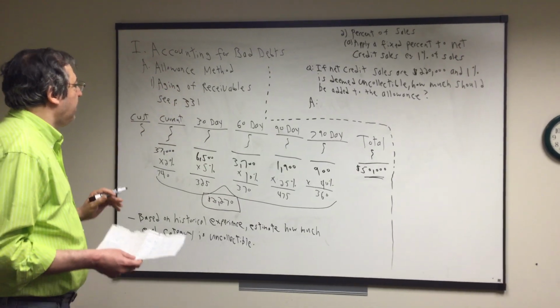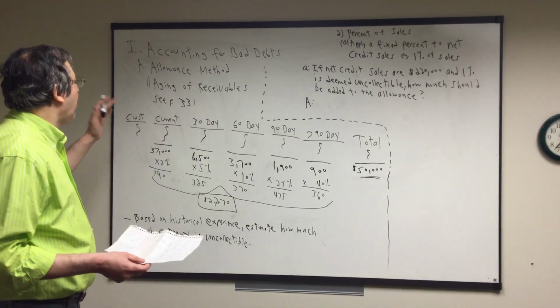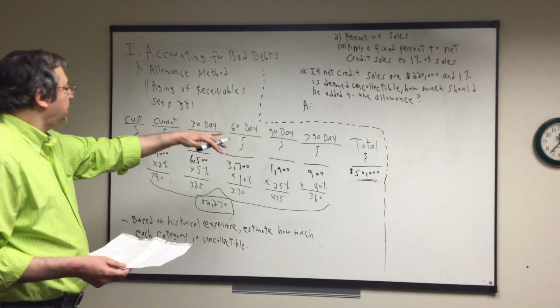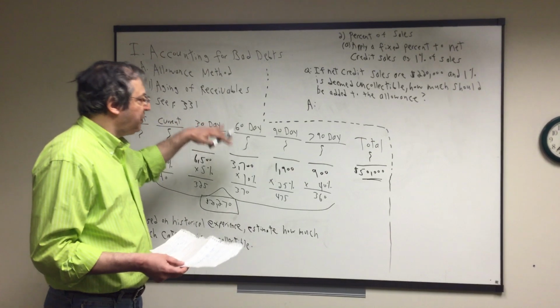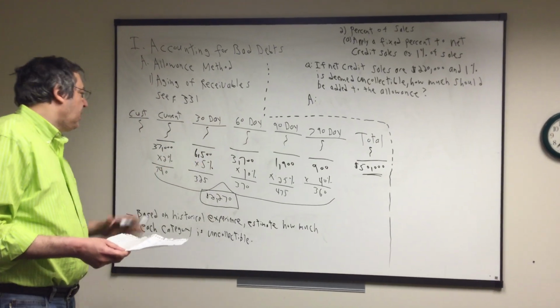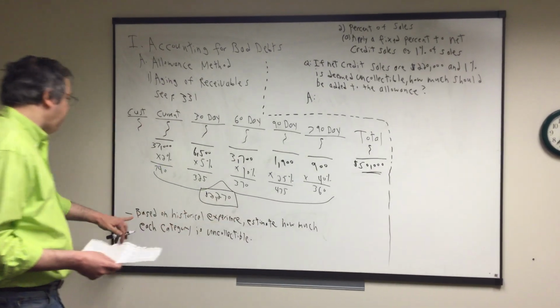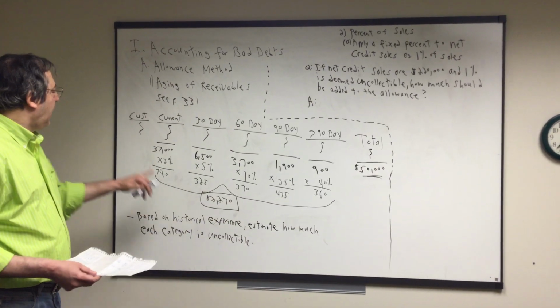So again, we get an AR aging, which is just our accounts receivable broken up into these buckets. What's current, what's 30 days past due, 60 days past due, etc. And then we apply percentages to it. Based on historical experience, we estimate how much each category is uncollectible, and that's what these percents are.